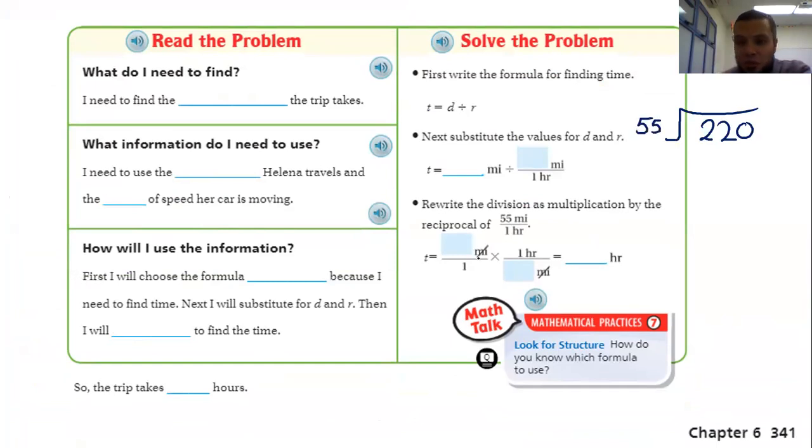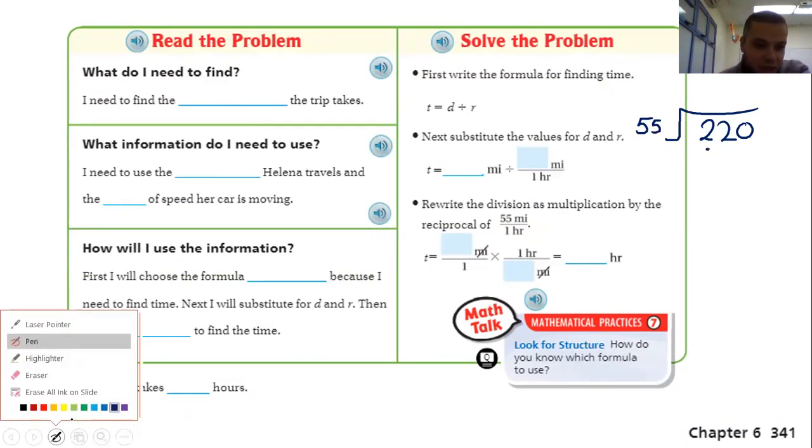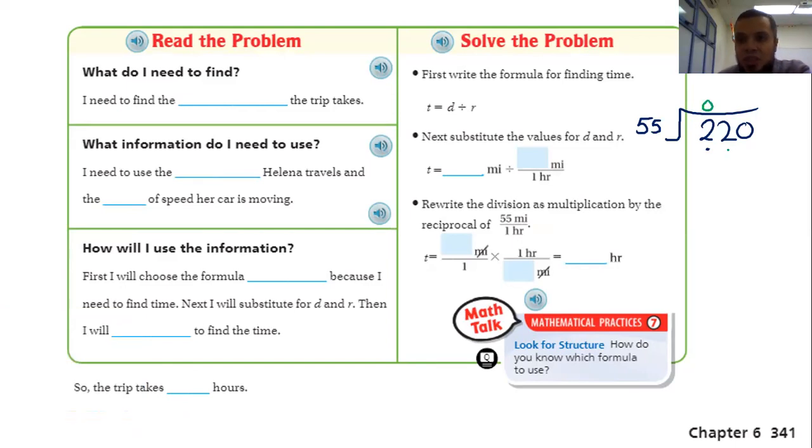So I'm going to take 2 divided by 55. I can't, so here's 0. 22 divided by 55, I can't. Another 0. I'm going to take 0 as a helper, so I have 220.